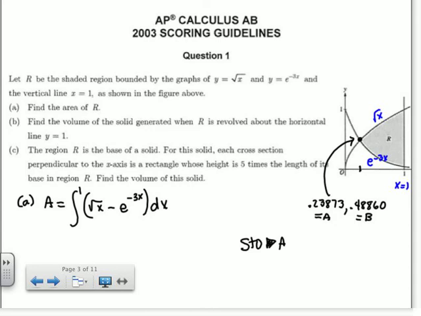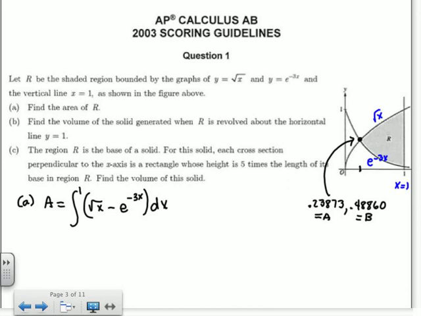I'm going to do the same thing for the other one, but now I have to hit alpha Y, and I'm going to store that as alpha B. So now that y value is stored as B. If I ever need those throughout my problem, they're stored as A and B. The nice thing about that is now I can write A instead of writing 0.23873 and so on, down here.